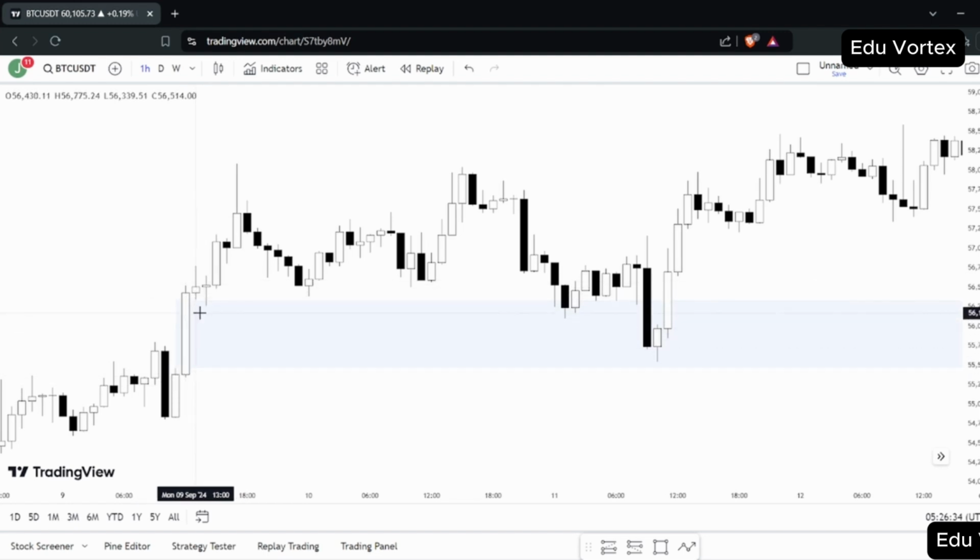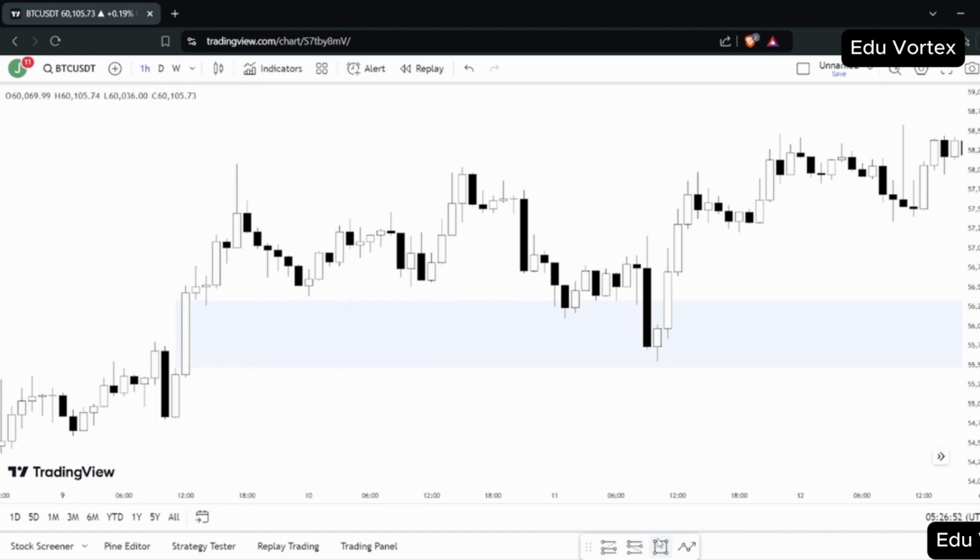When the wicks of those candles do not intersect, and we have all of this volume, that's our fair value gap.